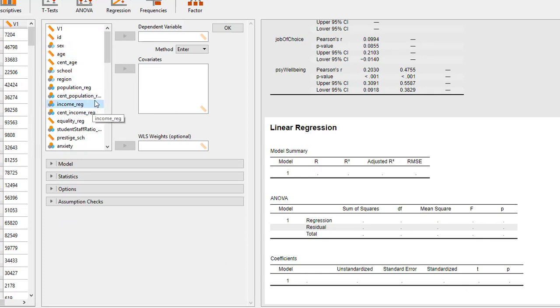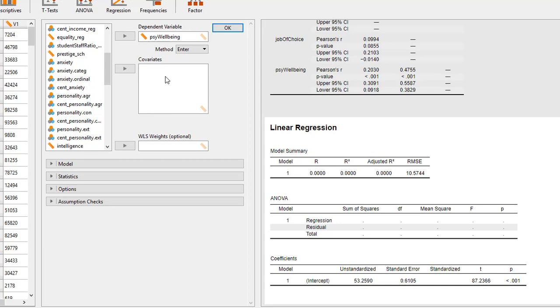So what we're going to do is use centered variables, except for the dependent variable, where we are going to use psychological well-being as before. For the covariates or the independent variables, we are going to use centered. So centering basically is, instead of using the original values of the independent variables, we are going to use centered values, and centered values are calculated very easily.